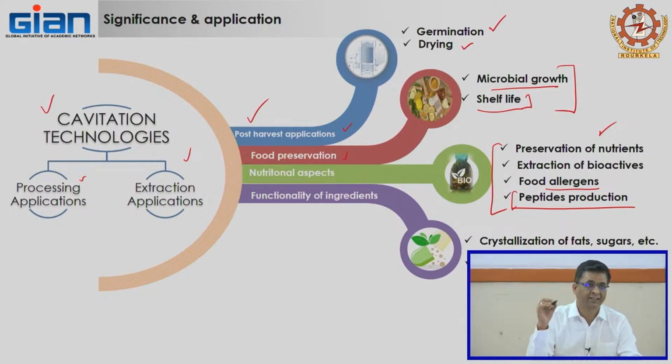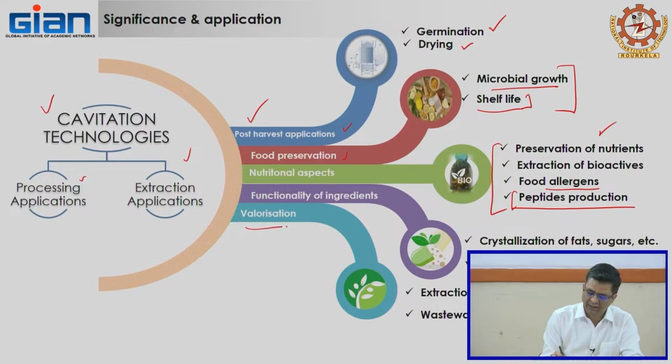Mixing and homogenization: if you have ultrasound equipment or access to it, take water and add oil to it and give ultrasound treatment, you will see a perfect emulsion formed. That is again for mixing and homogenization. The other one is valorization: extraction of high value ingredients, and wastewater treatment, that means breaking down of dissolved solids and reducing BOD and COD.